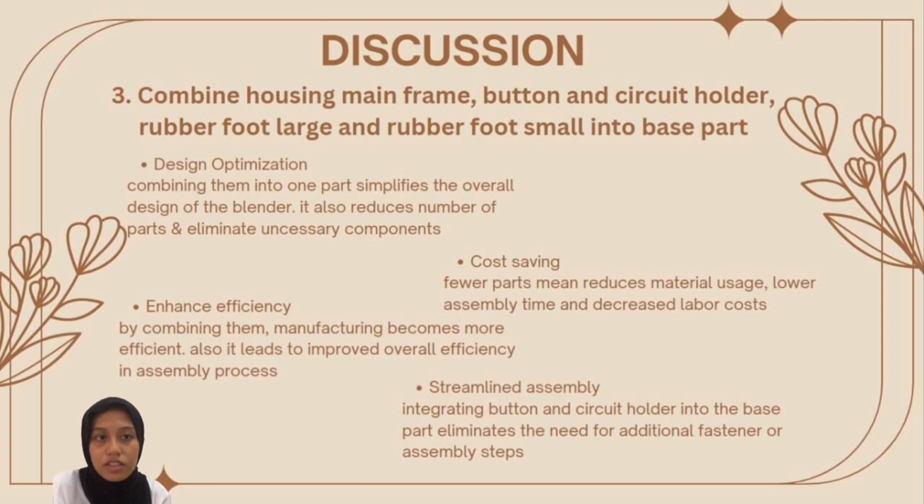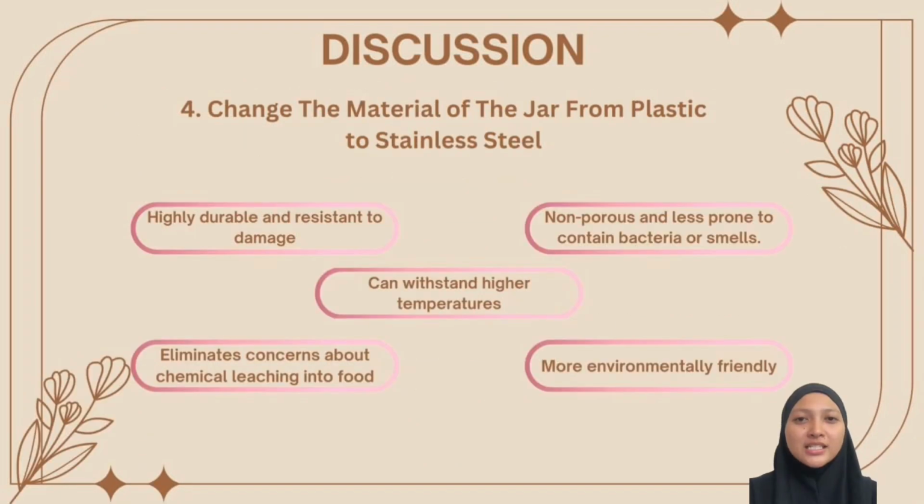Also, it leads to improved overall efficiency in the assembly process. And lastly, for streamlined assembly, integrating the button and circuit holder into the base part eliminates the need for additional fasteners or assembly steps.